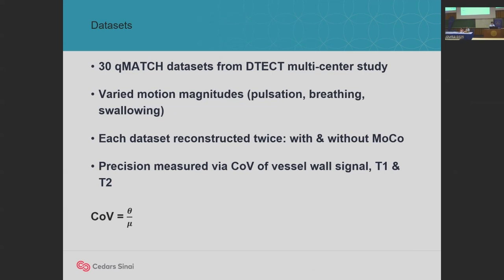All of them have variable levels of motion magnitudes and types. Each data set was reconstructed twice, once with and once without motion compensation. We evaluated the image quality and also the precision, measured as the coefficient of variation of vessel wall signal and T1, T2 mapping.